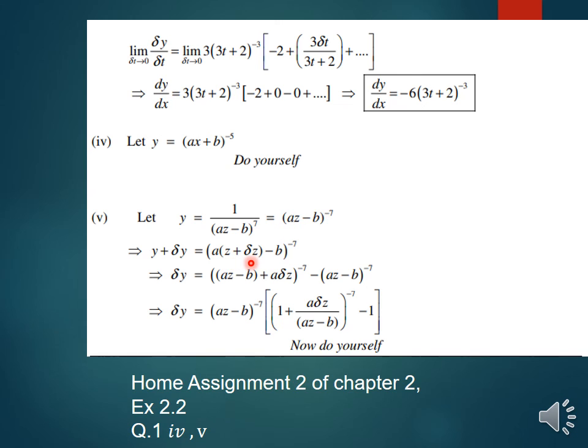Here we have the variable z, so we replace z by z plus delta z. So multiply a by this bracket, az plus b, and a delta z raised to the power minus 7, and then shift y here, put the value of y, and then take (az + b)^(-7) common from this whole term, so this term becomes here.